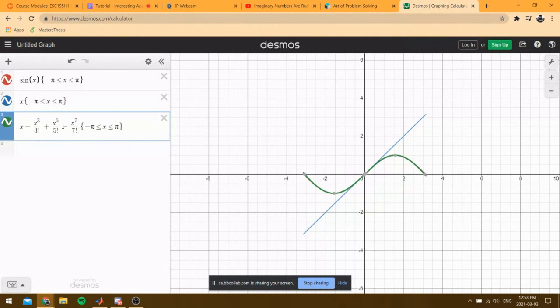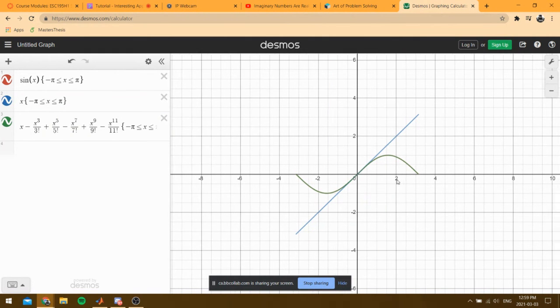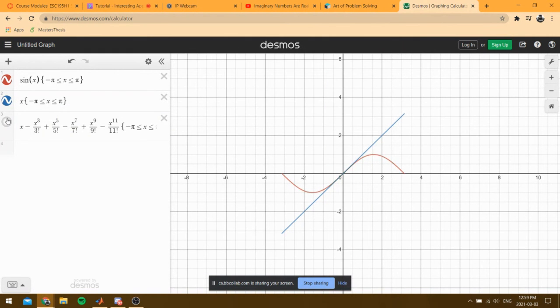Then x to the power 7 over 7 factorial. That's pretty much bang on. Then x to the power 9 over 9 factorial minus x to the power 11 over 11 factorial. So you can see that our Taylor series approximation is pretty close to what a sine wave should be.